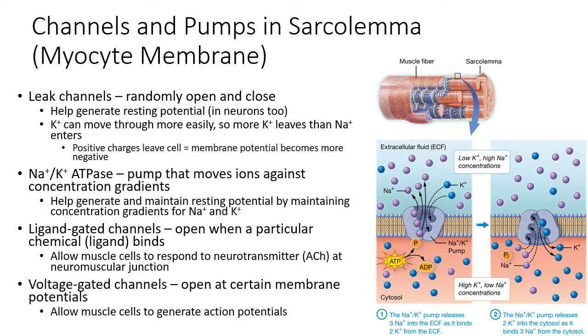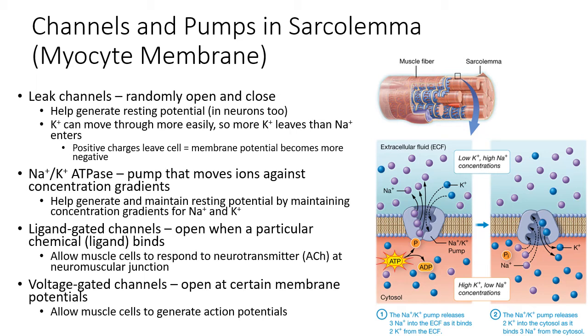So that's really important because if your concentration gradients for the ions change, you're not going to have them moving through channels when the channels open the way that they're supposed to. Then you wouldn't be able to have action potentials in the muscle cells. And if you can't have action potentials in the muscle cells or in the neurons, of course, then you won't have muscle contraction or the function of neurons.